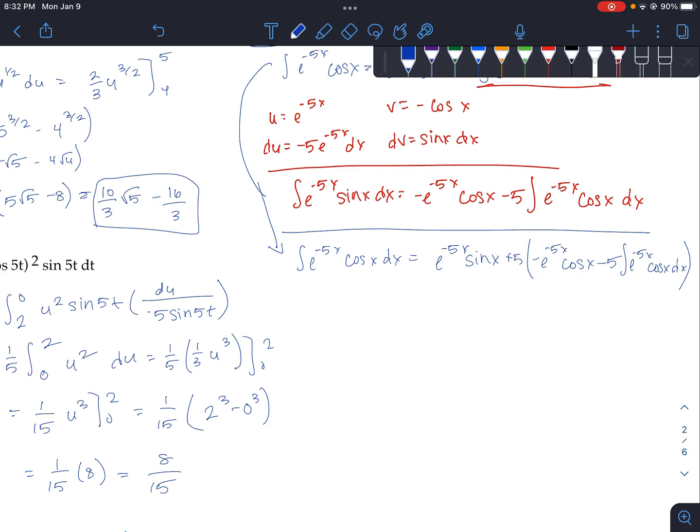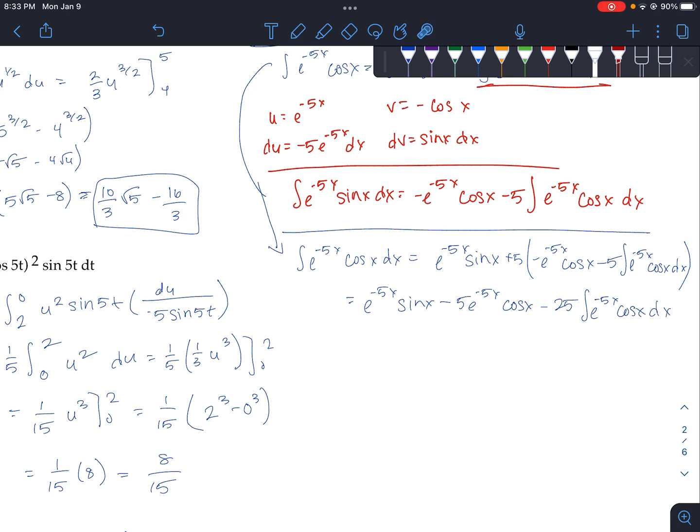So this is equal to e to the negative 5x sine of x, now it's going to be minus 5 e to the negative 5x cosine of x, and then minus 25 integral e to the negative 5x cosine of x dx.